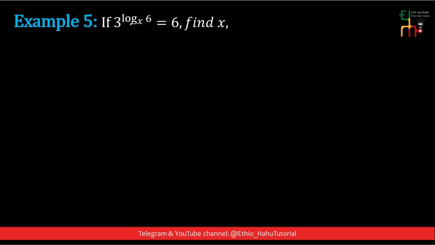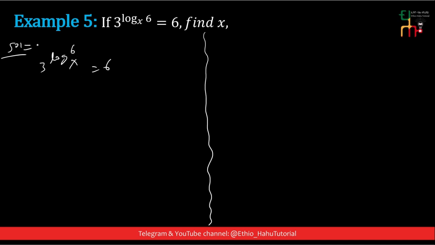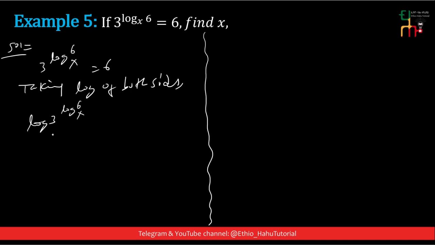If 3 raised to logarithm of 6 to the base x is equal to 6, find the value of x. 3 to the power of logarithm of 6 to the base x is equal to 6 means, taking the logarithm of both sides, logarithm of 3 raised to logarithm of 6 to the base x, to any base, say a, is equal to logarithm of 6 to the base a.